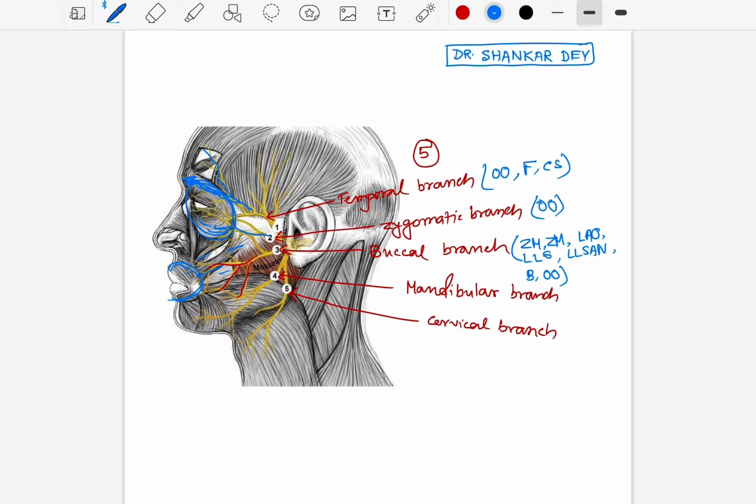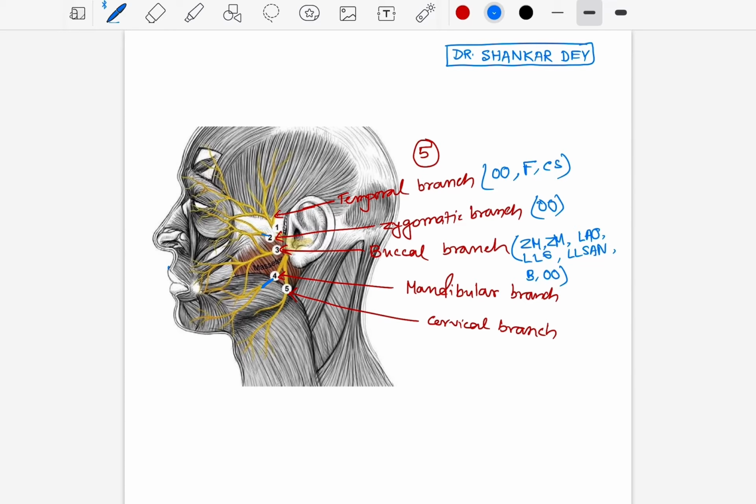Then the marginal mandibular branch. See, this is number 4, the marginal mandibular branch.